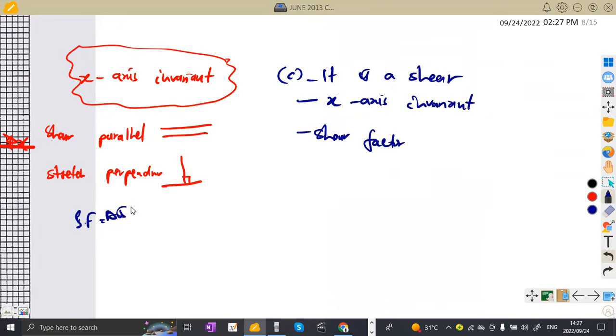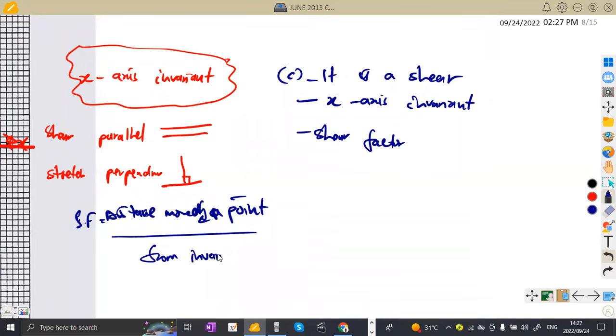A point has to move from where it was. So it's the distance moved by a point over the distance of that point from the invariant line, which is the x-axis.